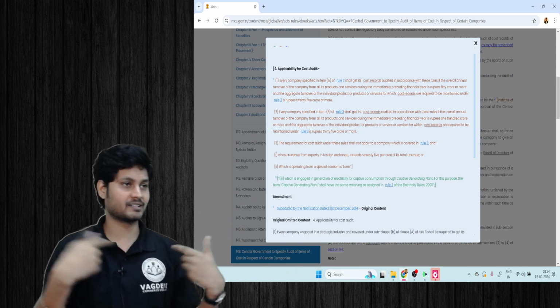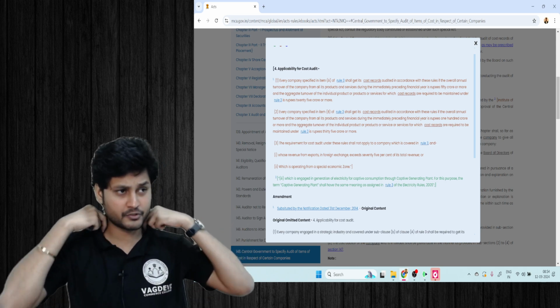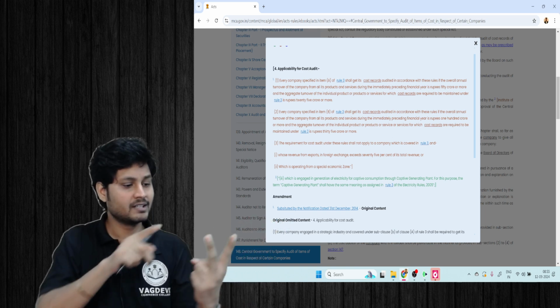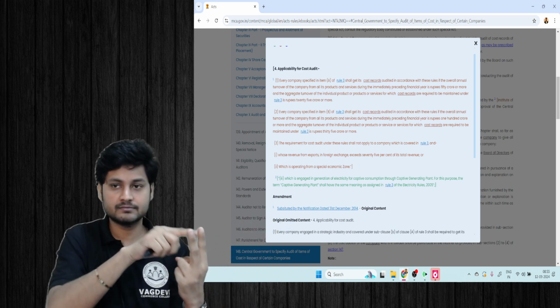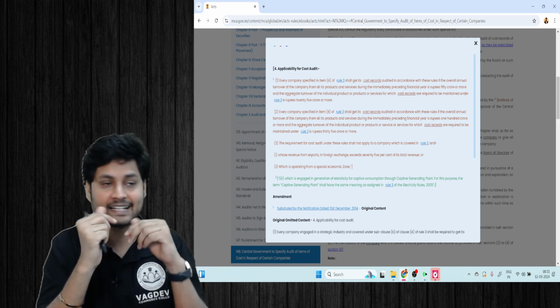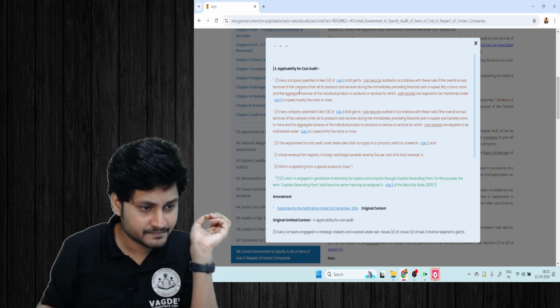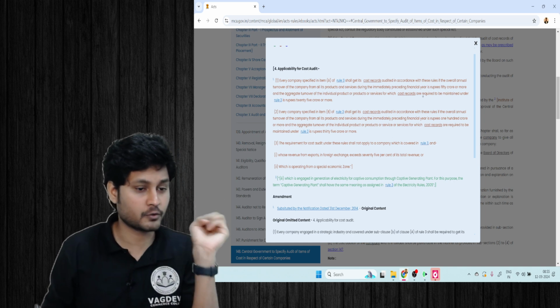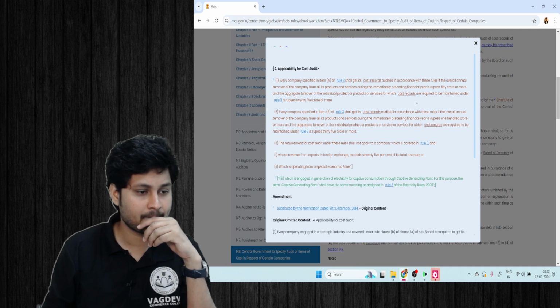All the products put together. The company is engaged in producing two goods. So the turnover of the two goods needs to be calculated in aggregate. When it crosses how much? 50 crores.